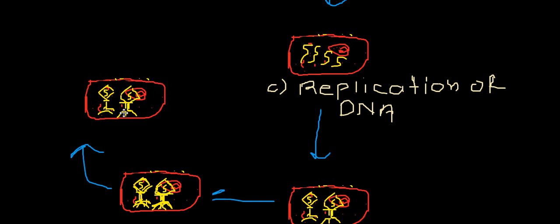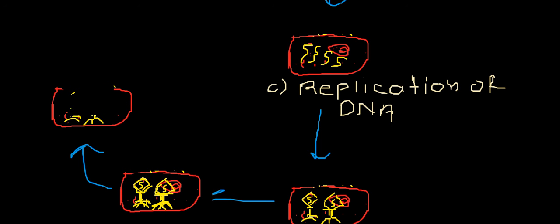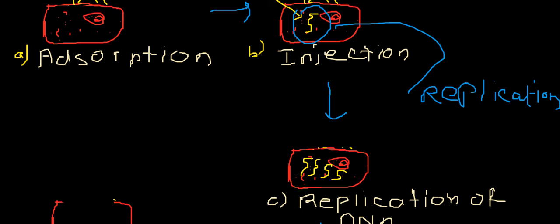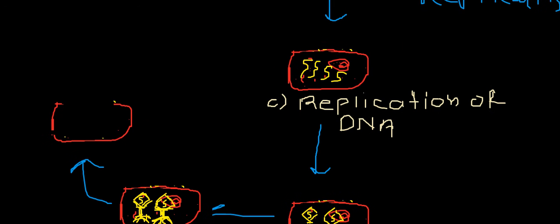It has already decomposed, or you can say killed, everything in that bacterial cell, and now it's going to release. And not just one, there are almost 200 or 300 of them that are going to release from this single cell. What a miracle, such a small virus has done this.